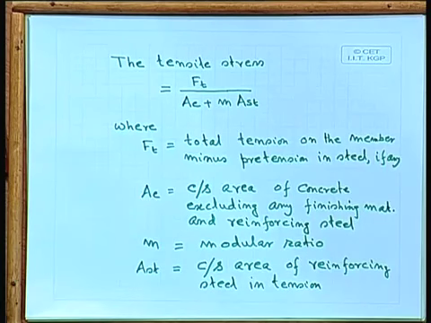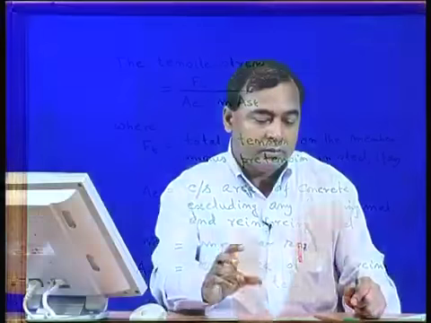So the tensile stress you can find out: Ft, the total tension on the member minus pretension in steel if any. If the initial tensile stress is there, you have to deduct it.